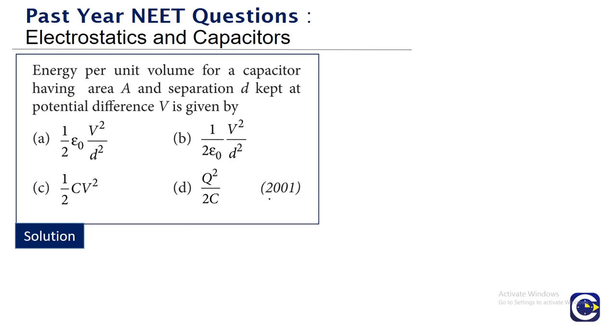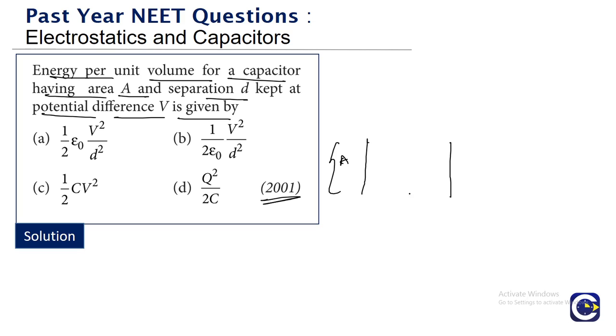Next we have a question based on capacitor. Energy per unit volume for a capacitor having an area A and separation D kept at a potential difference V is given by. Means we have a parallel plate capacitor.